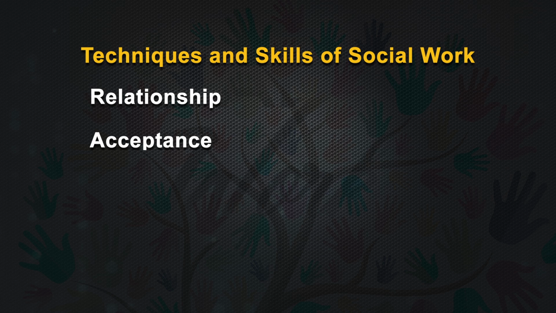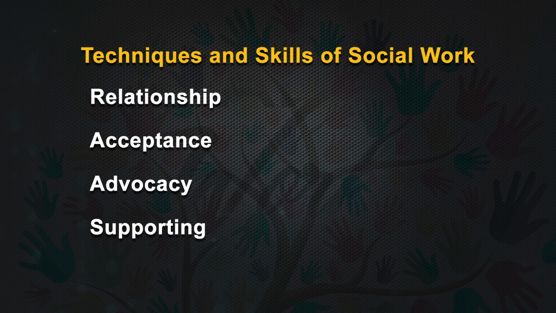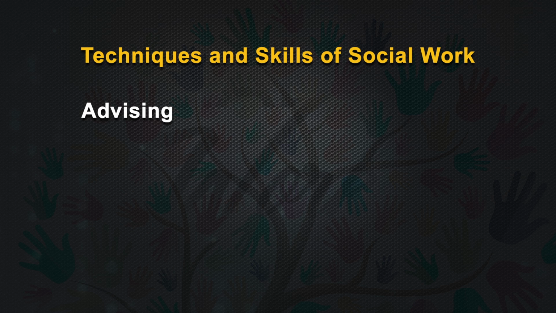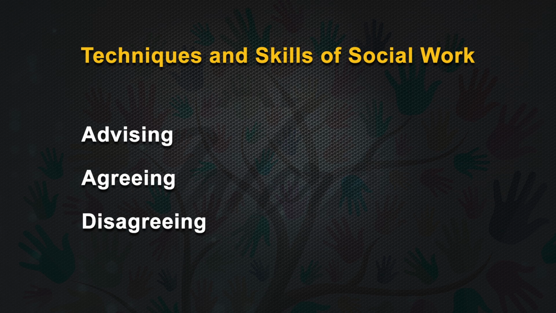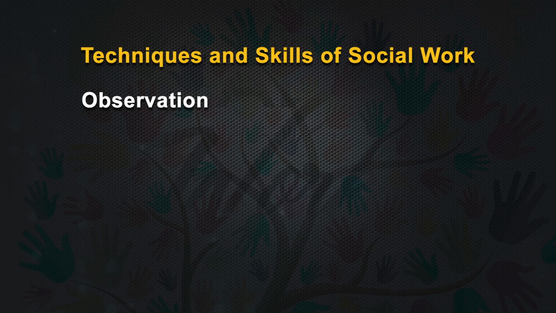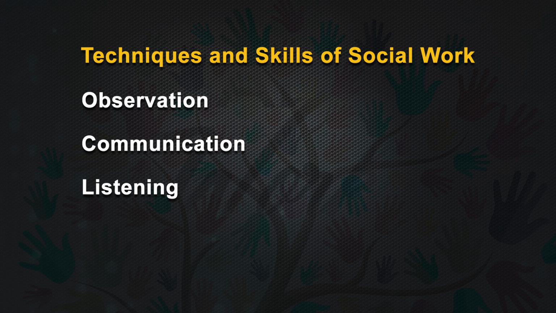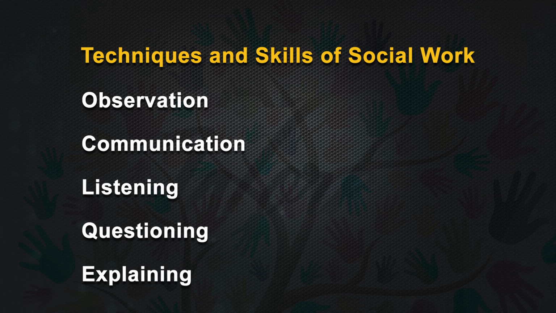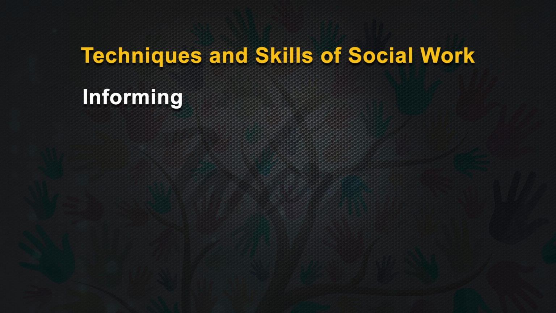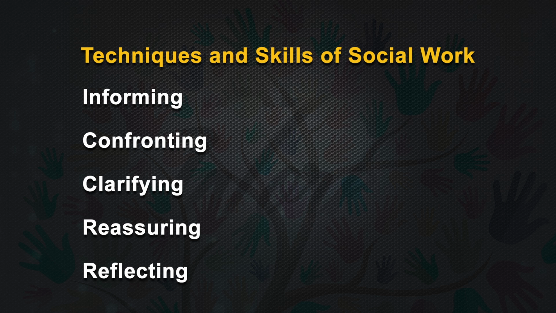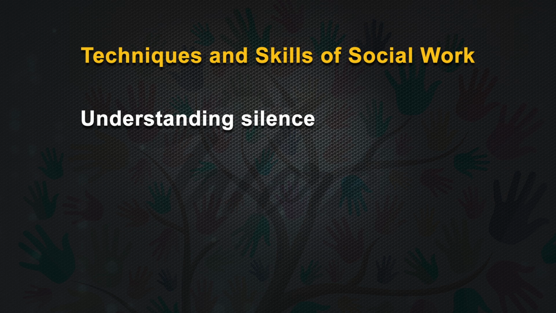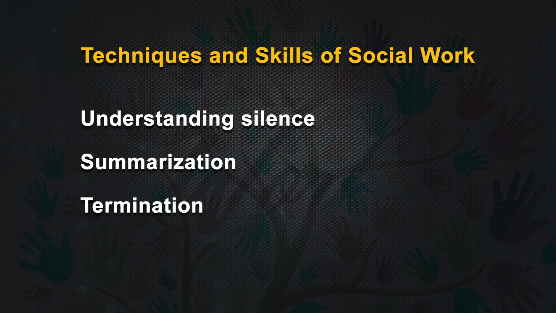In addition to these, the techniques are relationship, acceptance, advocacy, supporting, counseling, advising, agreeing, disagreeing, reviewing, etc. The skills a social worker uses are observation, communication, listening, questioning, explaining, informing, confronting, clarifying, reassuring, reflecting, understanding silence, summarization and termination.